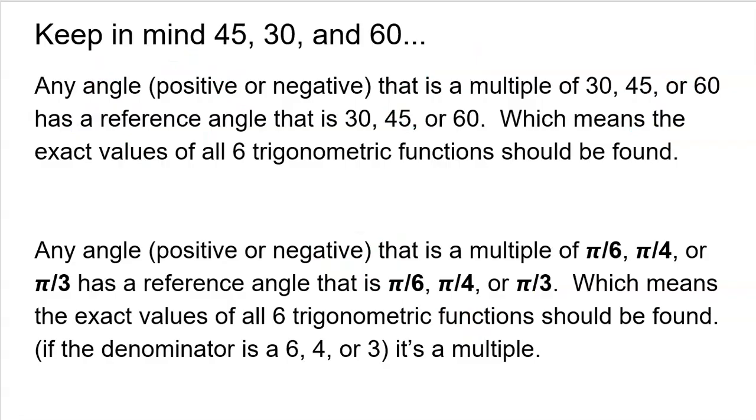So I still want to emphasize the same thing I've emphasized before. Anytime we're working with 45 degrees, 30 degrees, or 60 degrees, I still do expect exact answers, okay? And that would be the same for pi over 6, pi over 4, and pi over 3, because those are just the radian equivalents.